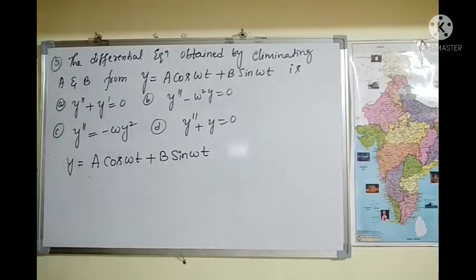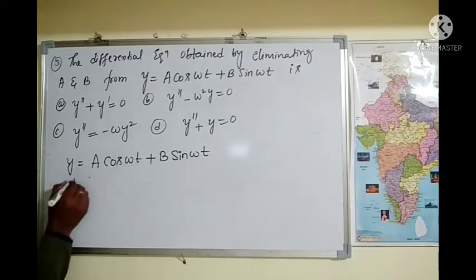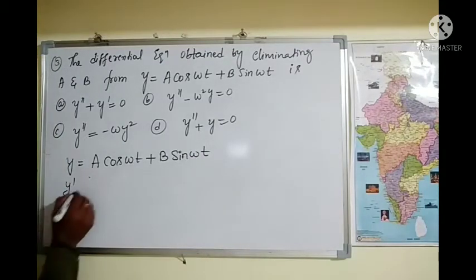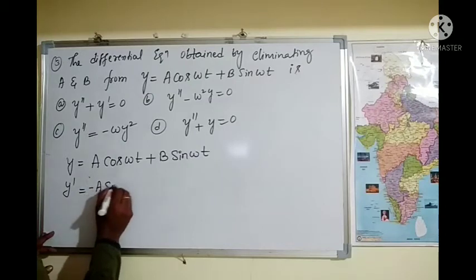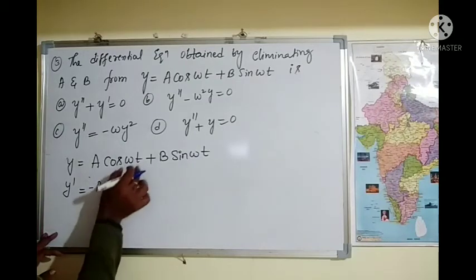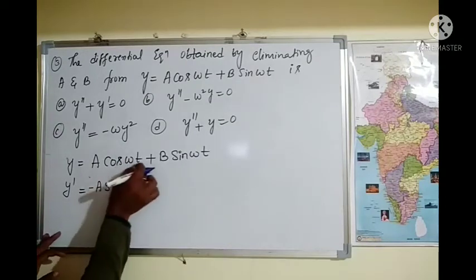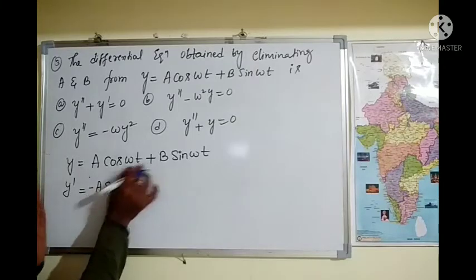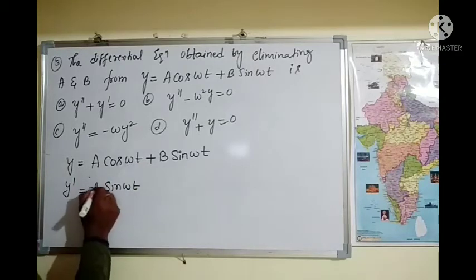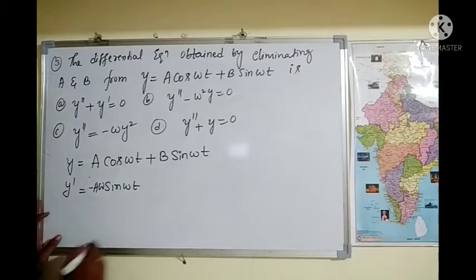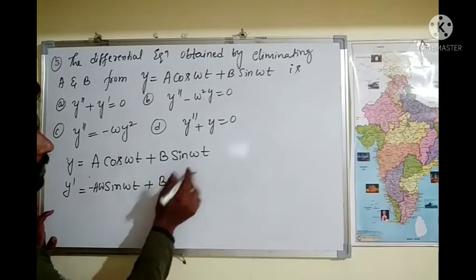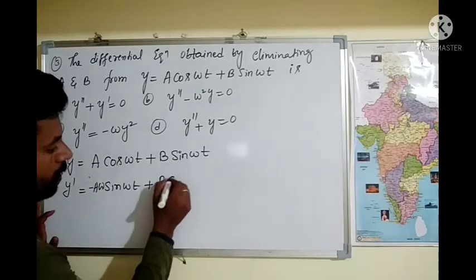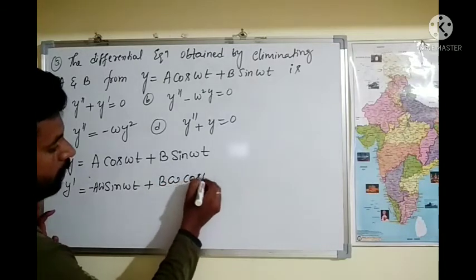Now differentiate with respect to t on both sides, y dash is equal to a, a is constant, the derivative of cos omega t is minus sin omega t into omega. We get minus a omega sin omega t plus b into the derivative of sin omega t, which is cos omega t into omega, omega cos omega t.